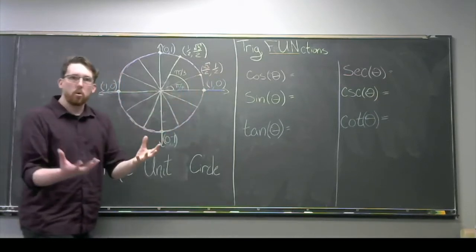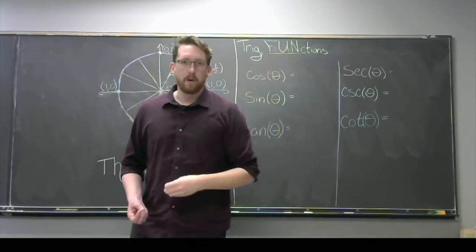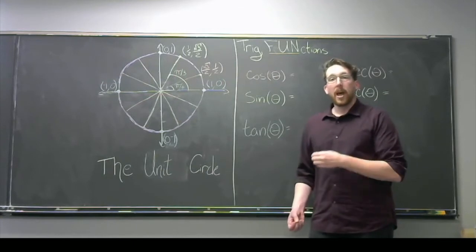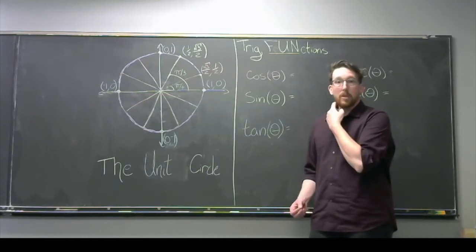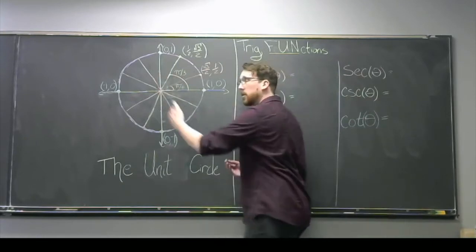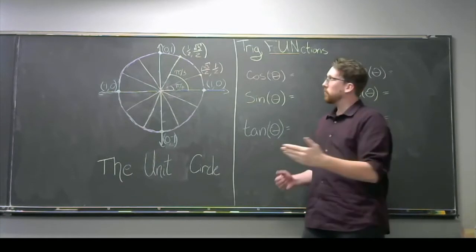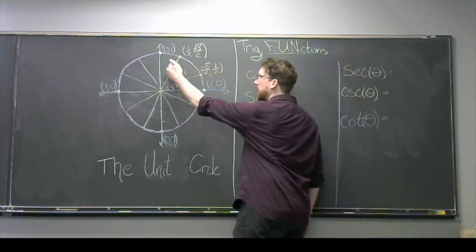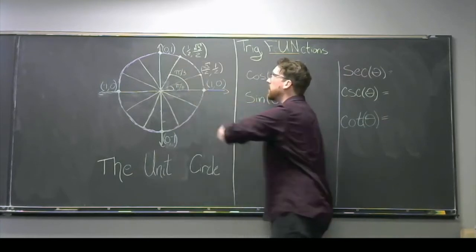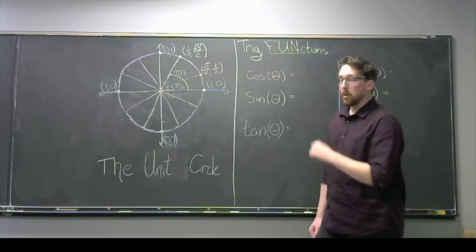So this is the coordinate of that point on that circle at pi over 6 radians. Having said that, if we go another pi over 6 radians, so now we're looking at pi over 3 radians above the x-axis, the xy coordinates now become 1/2 and the square root of 3 over 2.